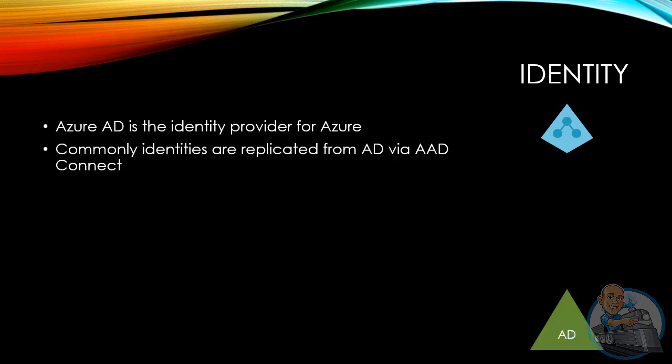Now, those identities are commonly replicated from Active Directory via something called Azure AD Connect. That solution will take user objects and groups and replicate them from Active Directory to Azure Active Directory.